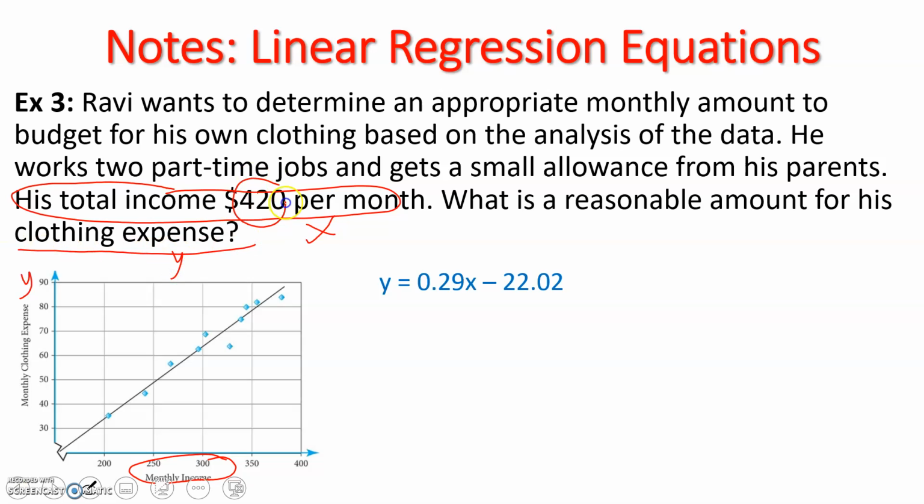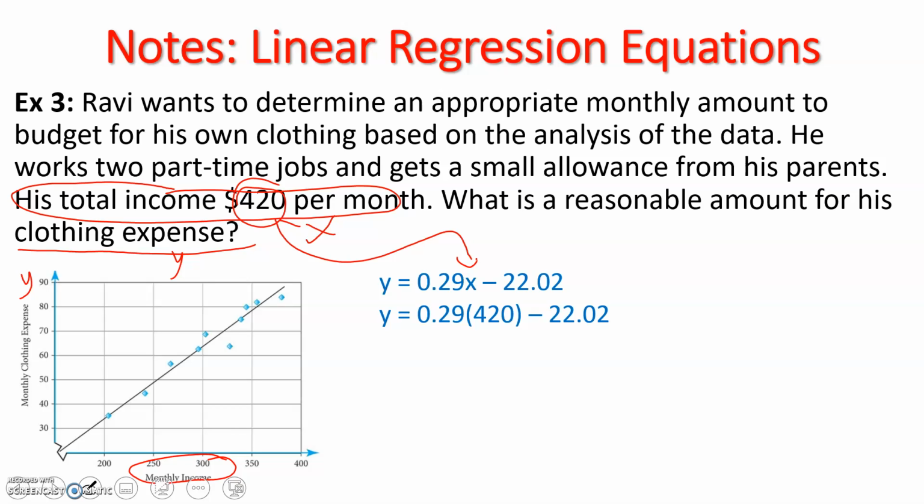So we're going to take x and substitute it into the equation. That's going to give us y equals 0.29 times 420 minus 22.02.